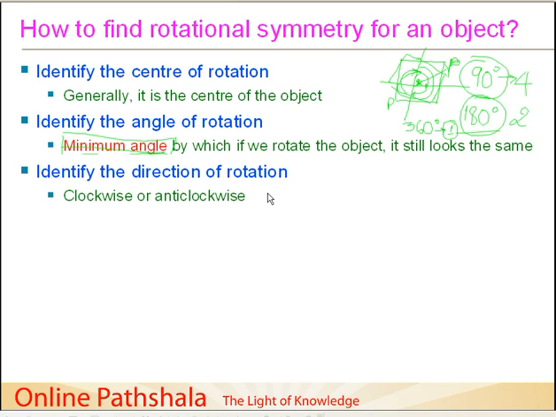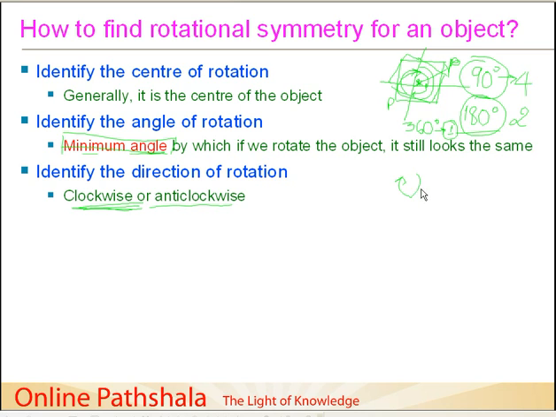Then we identify the direction of rotation. It could be either clockwise or anti-clockwise. Again, you can select any one of them, and it's a matter of personal choice, but generally it is good to take clockwise, just as a matter of convention. In our previous example, we took the clockwise, that is, the square was rotating in this direction.